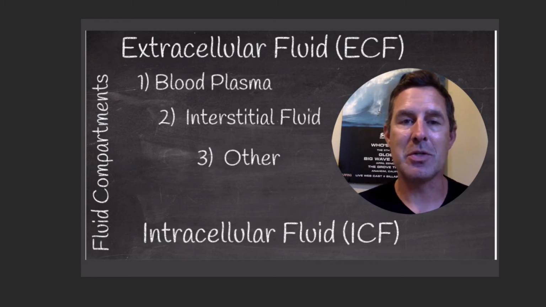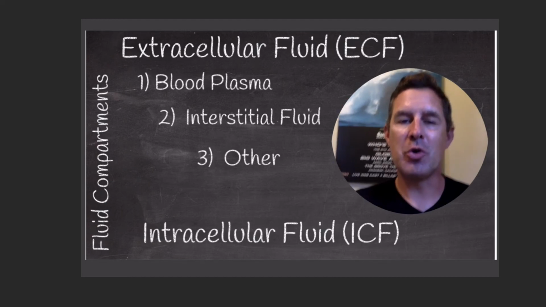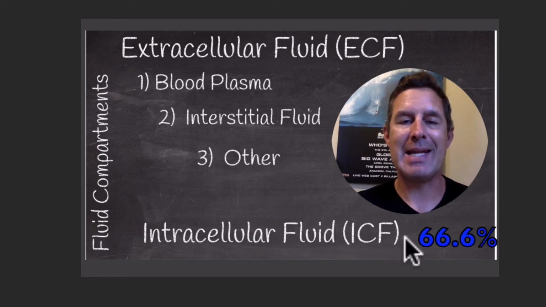Two-thirds of the water in our bodies is found within cells, and we refer to that as intracellular fluid. And that is also synonymous with cytosol, which we talked about earlier. So two-thirds of our body water is found within all the trillions of cells throughout our body. The rest of the fluid, the one-third remaining, occupies our extracellular fluid.